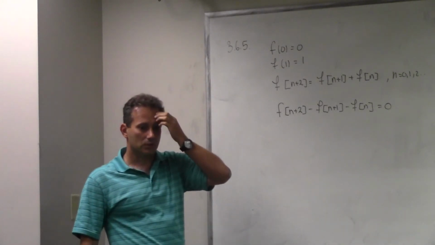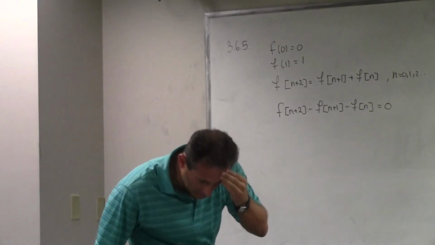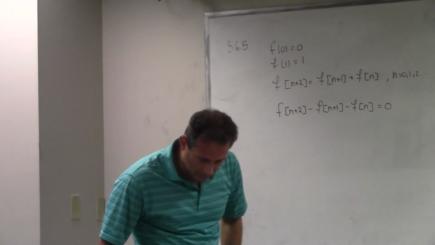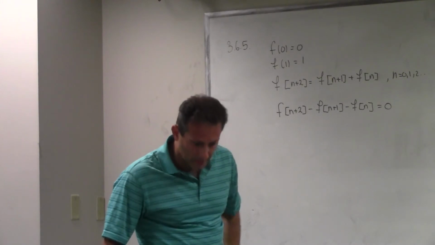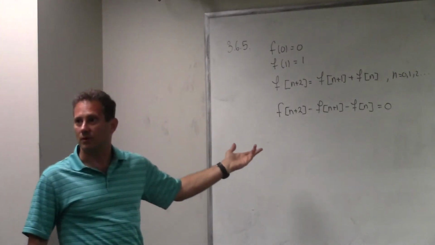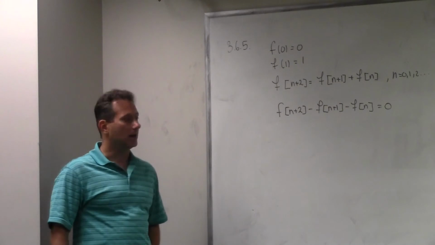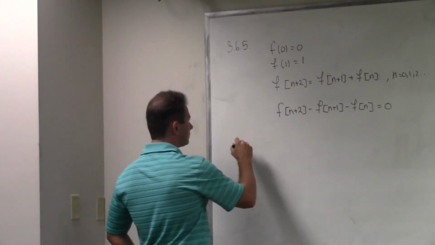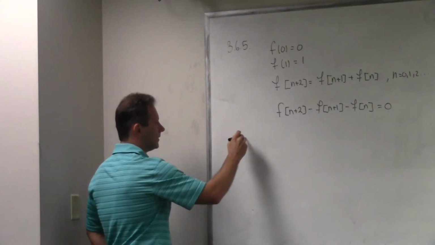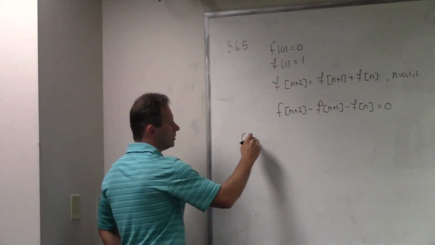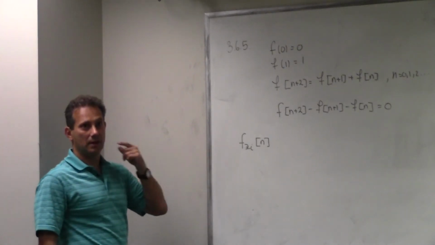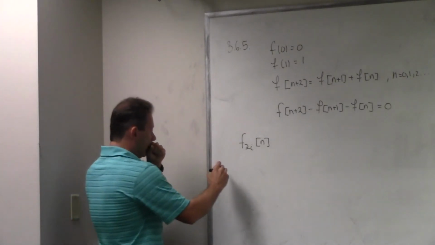Then it says find the characteristic roots and essentially solve this for any arbitrary number. So let's find f zero input of n, the nth Fibonacci number. How do we find it?